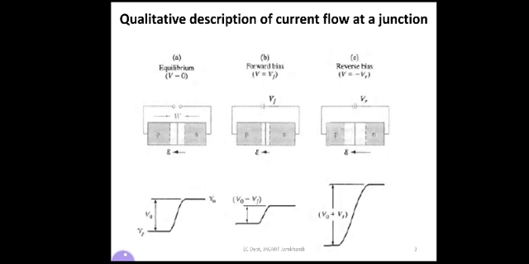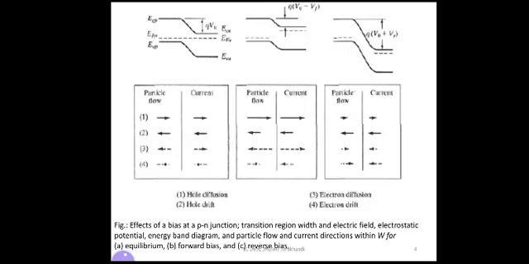Next, qualitative description of current flow at a junction. Here the figure shows the effect of bias at a PN junction. There are two figures here, and the continuation of that figure is also here.